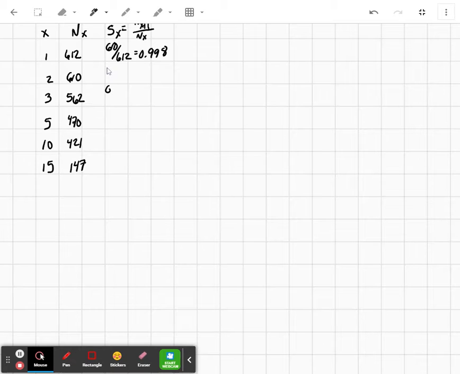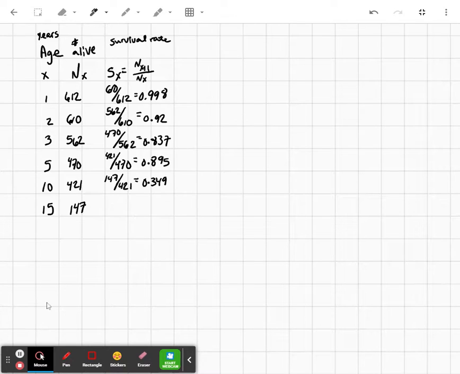Our next value would be 562 divided by 610. So I'll continue that. And then our last one, for age class 15, we have 0 survivors for that next age class. So that is going to end up being 0.